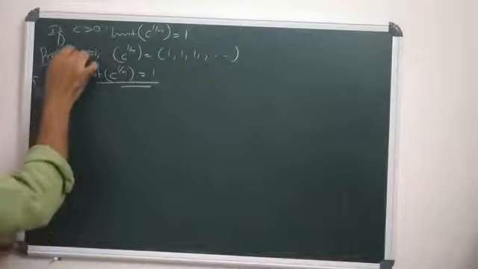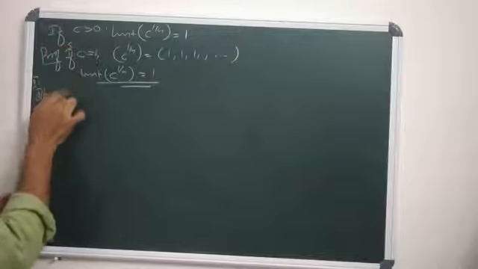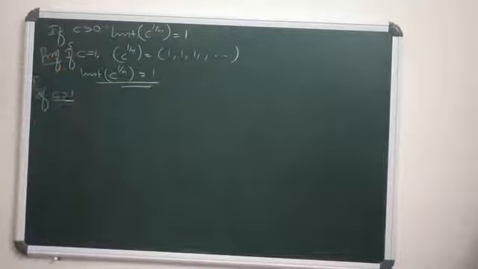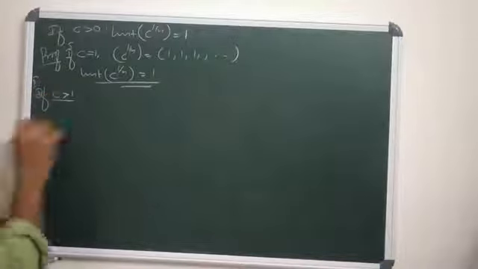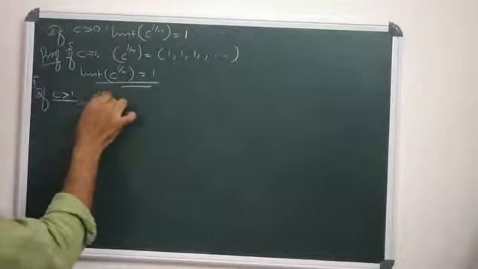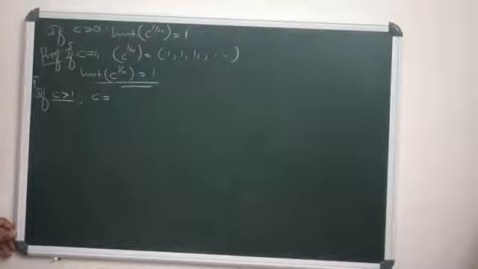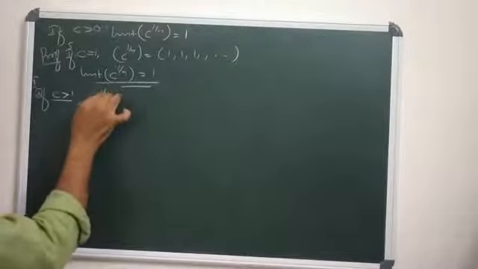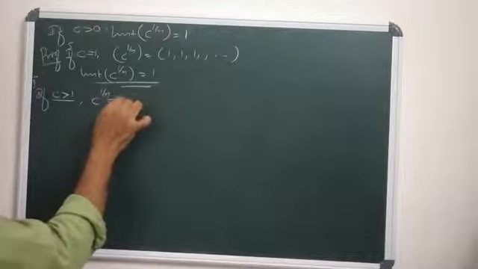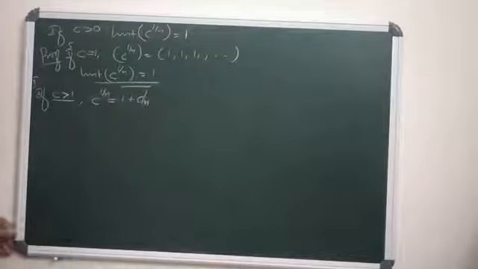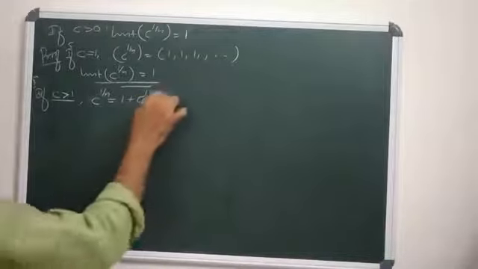Suppose c greater than 1. When c greater than 1, you can choose c to the power 1 by n equals 1 plus dn, where dn is positive.